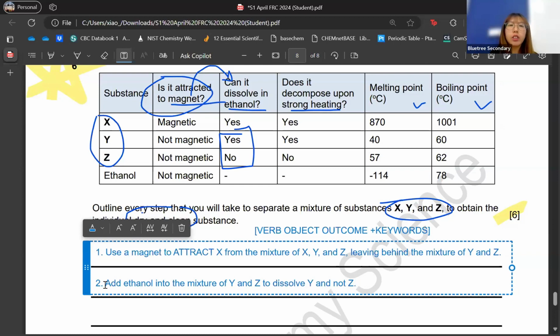Then don't forget, write your final mixture. What kind of final mixture will you have after you dissolve Y and you don't dissolve Z?